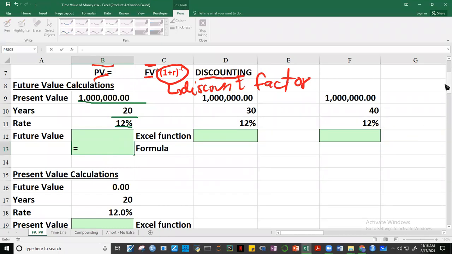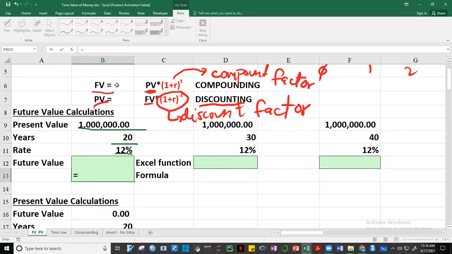So what's our formula? In order to compute the future value, you have the present value times the compound factor. So this is the present value multiplied by 1 plus your R, your rate. And then how do you raise exponents in Excel? Anybody?